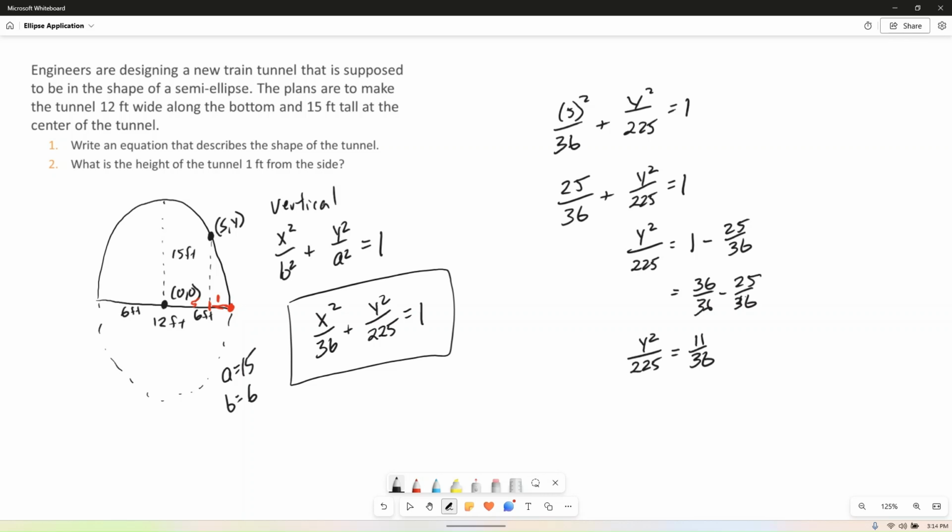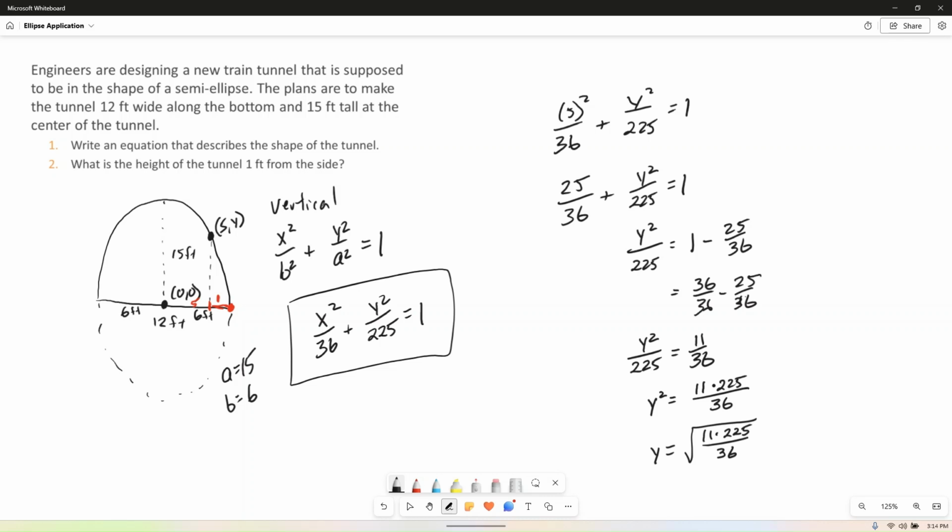To isolate the y squared, you multiply the 225 over. So y squared is equal to 11 times 225 divided by 36. And to find y, you just take the square root of that. So y is equal to the square root of 11 times 225 over 36.